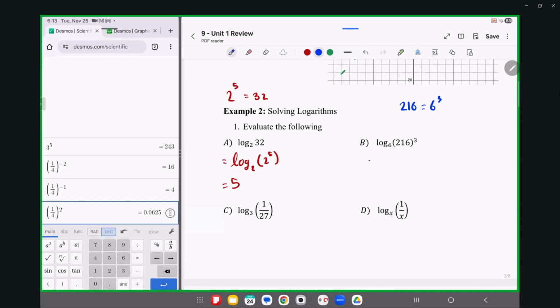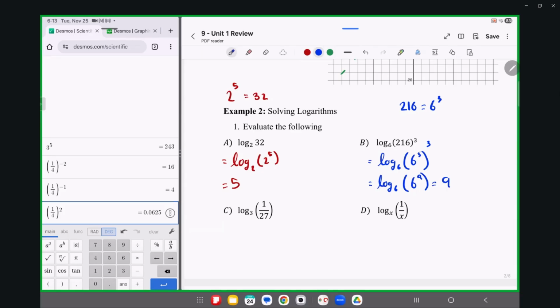And so we can rewrite this as log base 6 of 6 to the power of 3, all to the power of 3. We can simplify those exponents down, giving us log base 6 of 6 to the power of 9, which is going to be 9.